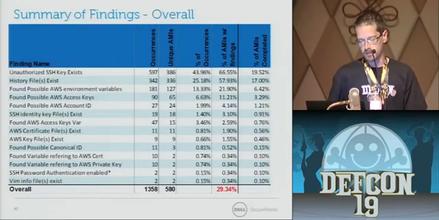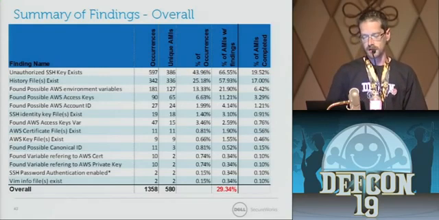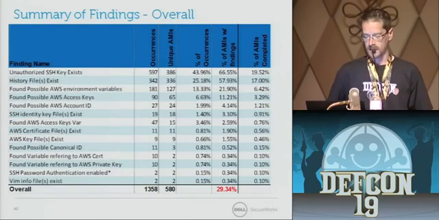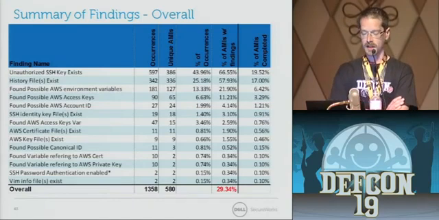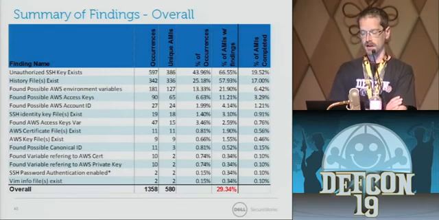This chart here breaks down all the different findings that our various test modules encountered: the number of occurrences of each, the number of unique images affected by that finding, the percentage of our total number of findings represented by that class, and the percentage of AMIs that had that problem.